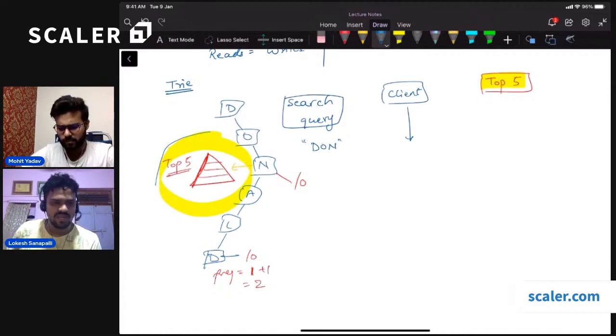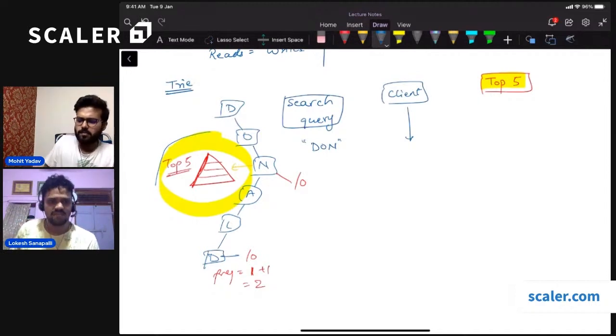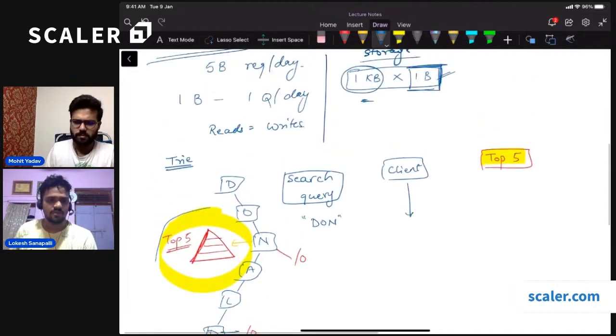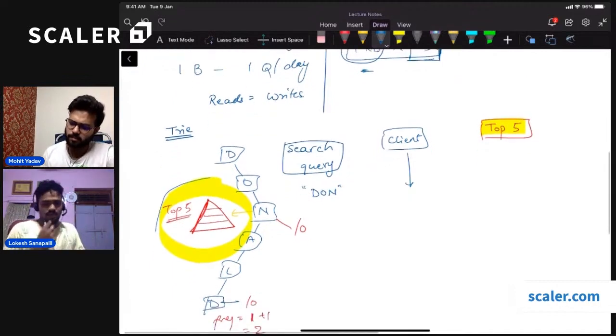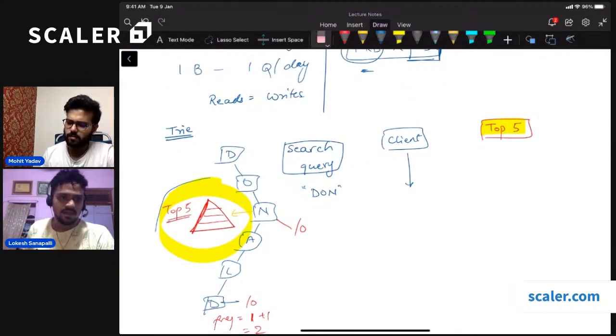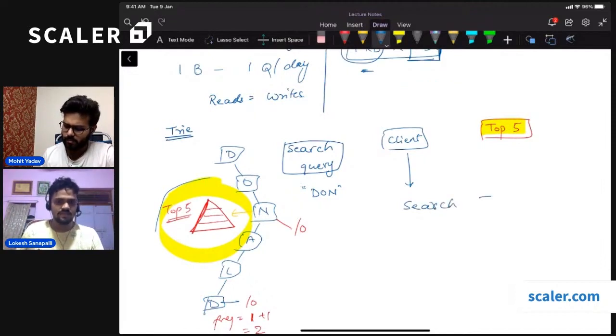One thing we can do is replicate the trie. We can use a master-slave approach by having multiple copies of tries, just like in databases. We can write to master and then propagate to slaves.